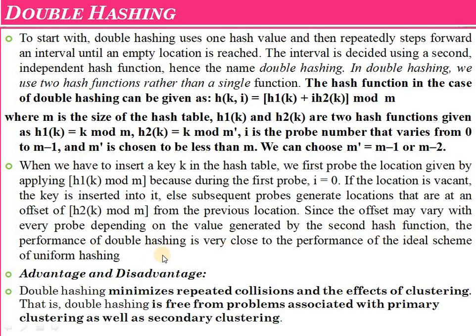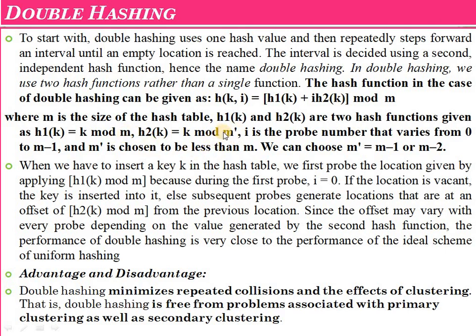The performance of double hashing is very close to the performance of the ideal scheme of uniform hashing. Here we are using the hash function h(k, i) = (h1(k) + i*h2(k)) mod m. h1 is the first hash function and h2 is the second hash function. h1(k) = k mod m and h2(k) = k mod m'.